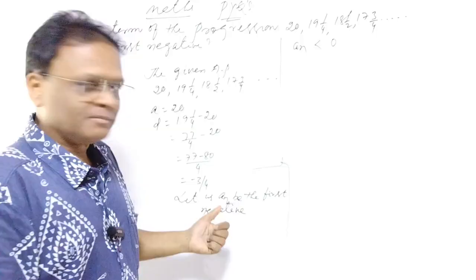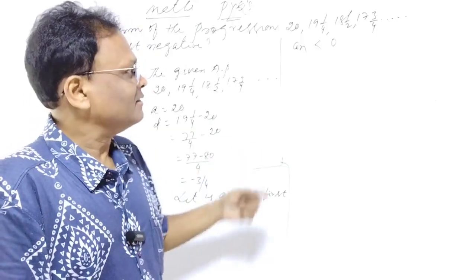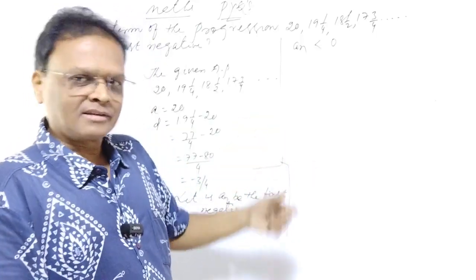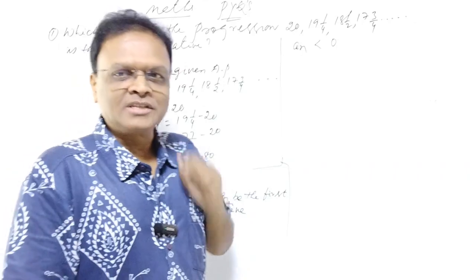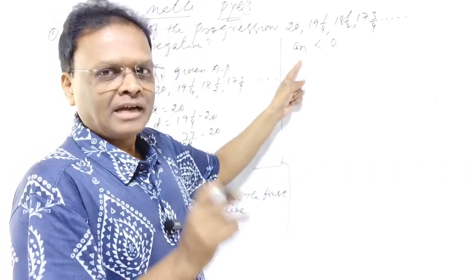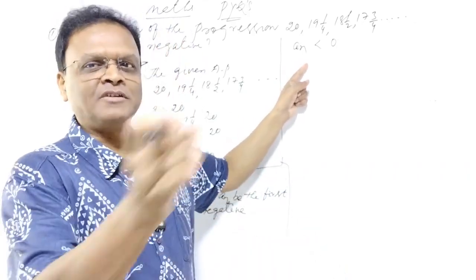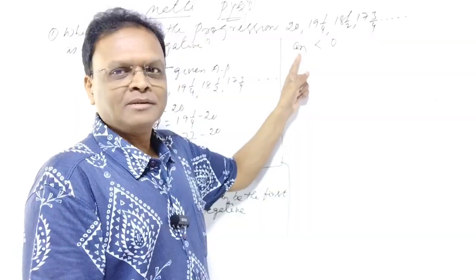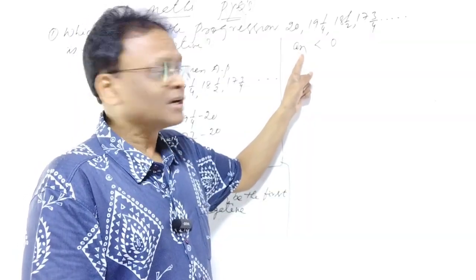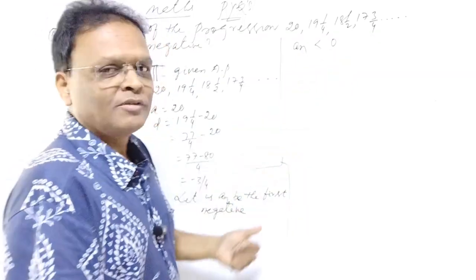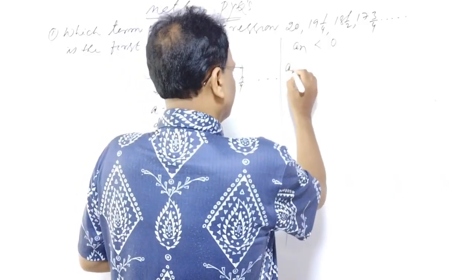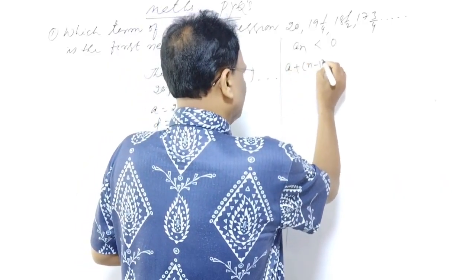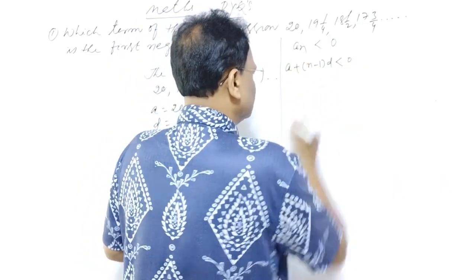I am considering, let the nth term be the first negative. First negative means less than 0. What is the formula of a_n? a plus (n minus 1) times d is less than 0.